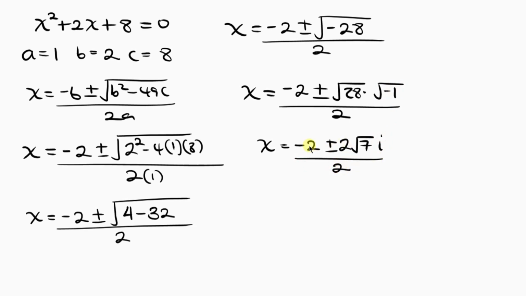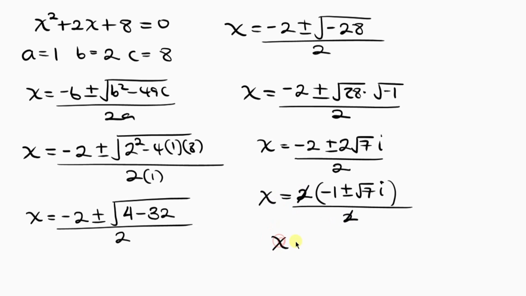Now we have 2 to be common in the numerator, so let's go ahead and factor 2 out. So bringing out 2, we have negative 1 plus or minus the square root of 7 times i, all over 2. Now notice that 2 can cancel off, so that we have x to be equal to negative 1 plus or minus the square root of 7 times i.